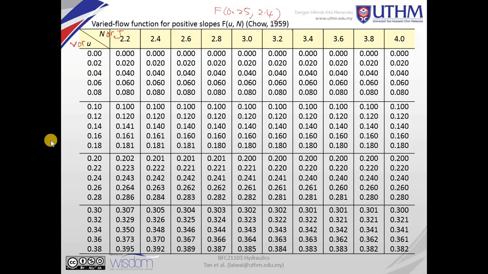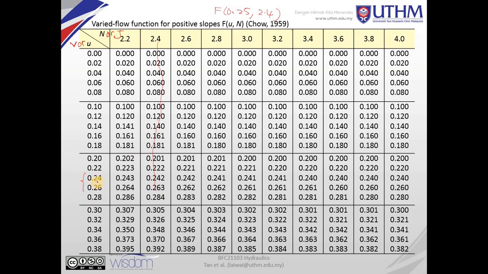So we locate the u here. We need to find the closest number at the left side of this table. So u here is located between 0.24 and 0.26, whereas the n parameter here is read from this column, so we need to intersect this with this.